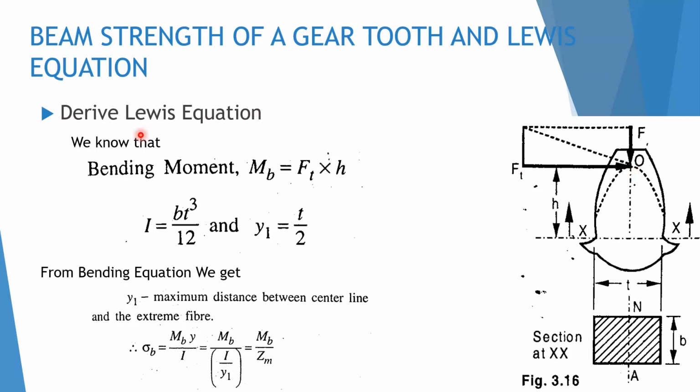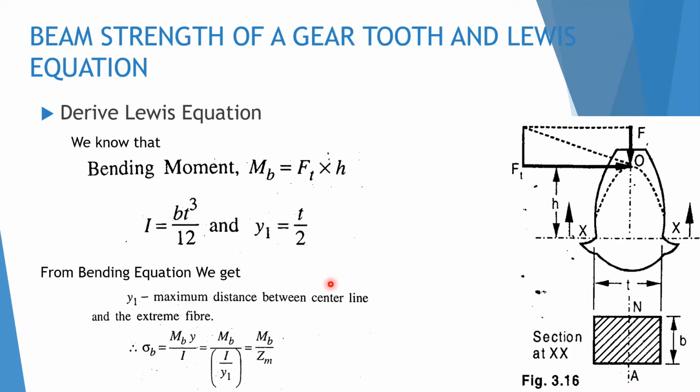So here we know that the bending moment Mb can be calculated as Ft multiplied by h. And the moment of inertia of this cross section about this axis is equal to b t cubed by 12, and y1 is the distance from the neutral axis. So maximum y1 is t by 2.